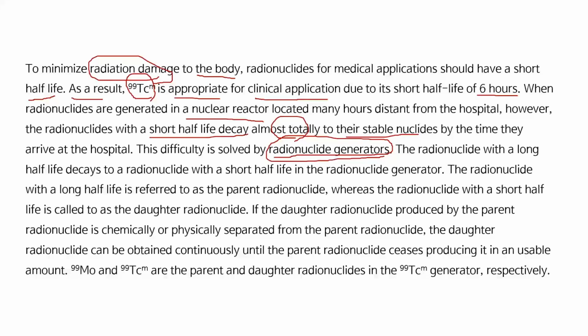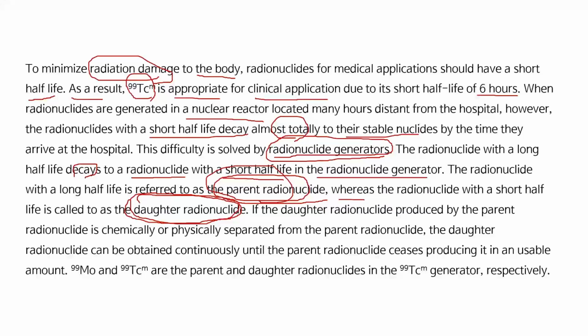The radionuclide with a long half-life decays to the radionuclide with a short half-life in the radionuclide generator. The radionuclide with a long half-life is referred to as the parent radionuclide, whereas the radionuclide with a short half-life is called the daughter radionuclide.